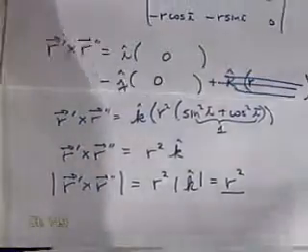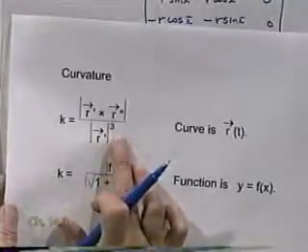Now the denominator is the magnitude of r prime cubed. So I can go back there. Notice, here was my r prime.